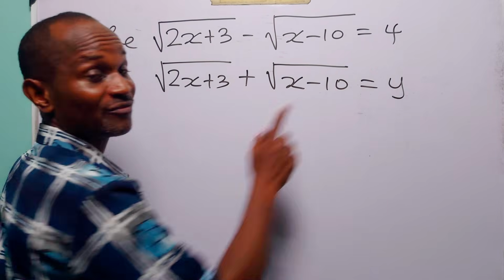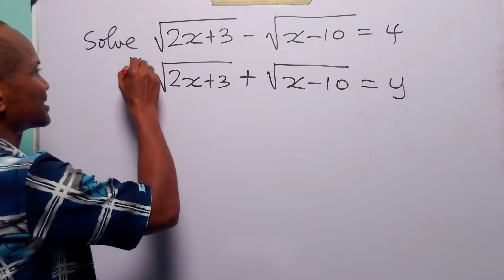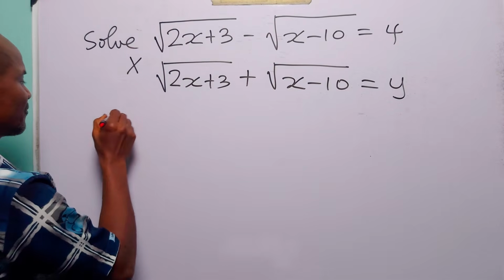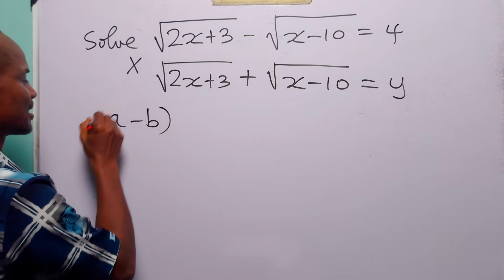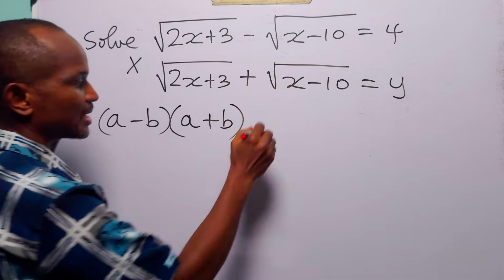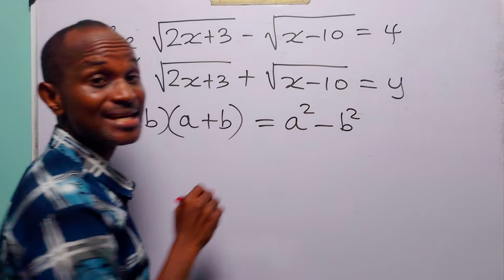Now let us find the value of y. How are we going to do that? We start by multiplying these two equations. Now remember that when we have a minus b times a plus b, this is equal to a squared minus b squared.